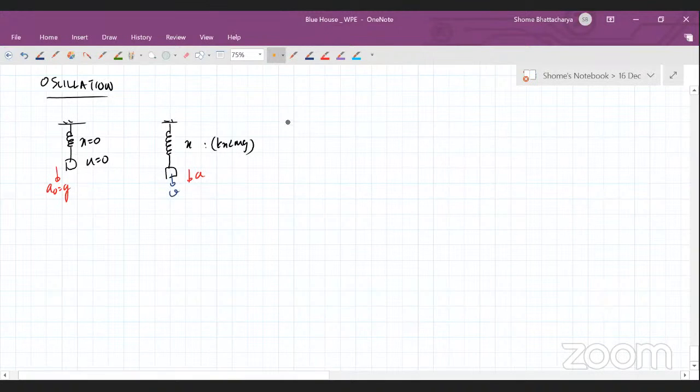From this, it goes to equilibrium position where kx has become equal to mg. So for a moment, its acceleration has become 0. But at this particular moment, its speed is maximum. Okay. Then it continues from that point.